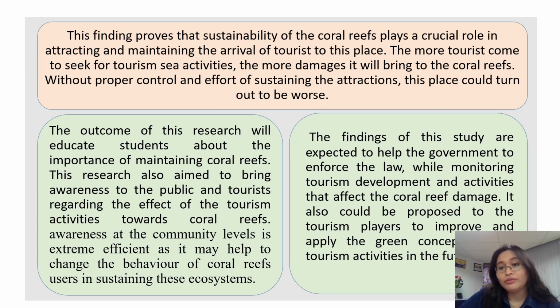The findings of this study are also expected to help the government enforce the law while monitoring tourism development and activity that affect coral reef damage. It could also be proposed to tourism players to improve and apply the green concept for future tourism activity.